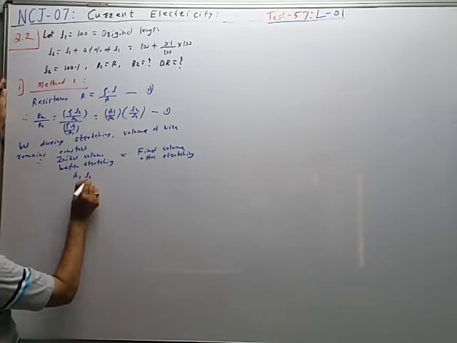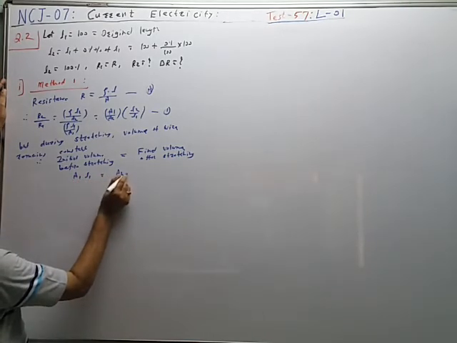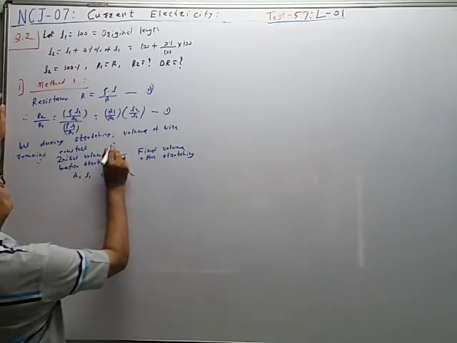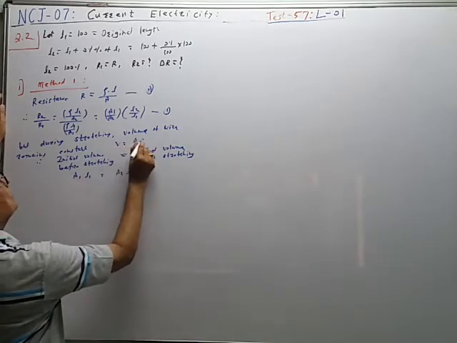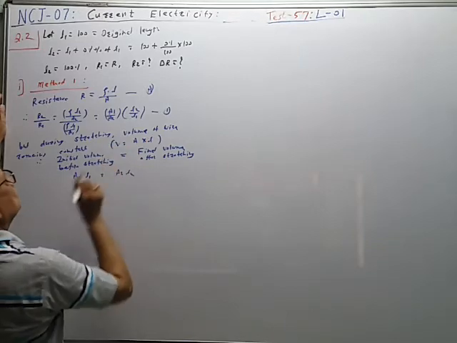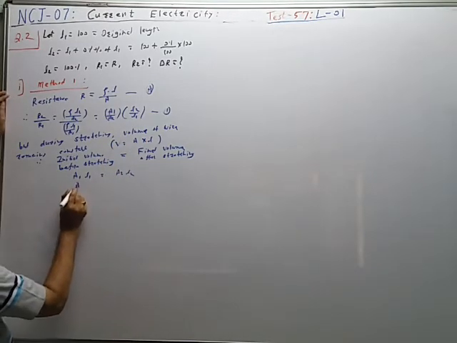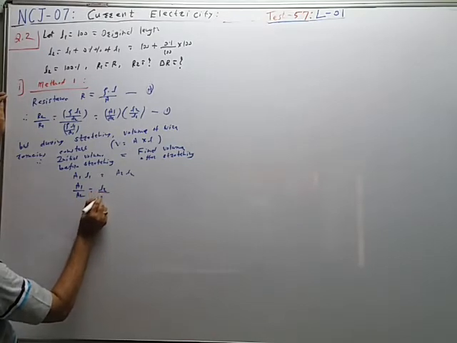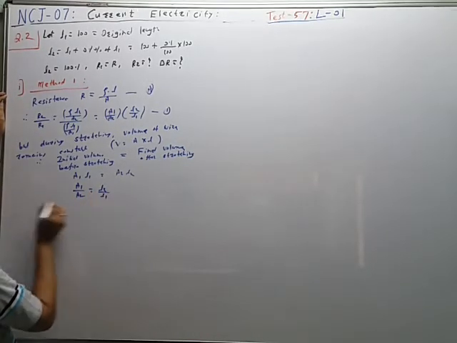Therefore, A1 L1 is equal to A2 L2. Volume is given by area of cross section multiplied by length of the wire. V is equal to A multiplied by L, and therefore A1 upon A2 is equal to L2, the new length, upon L1.